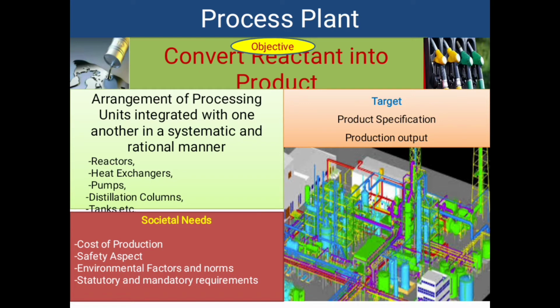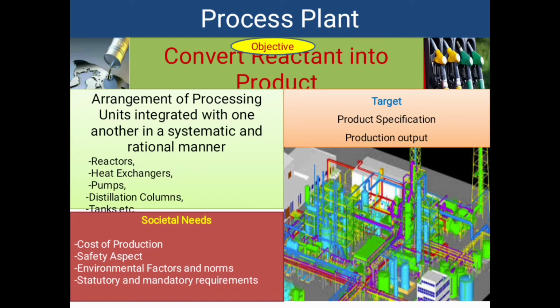It is not only achieving the target that is our motto, our objective. In order to achieve this target, you have to consider some societal needs. That is the primary objective of any engineer. An engineer should be able to apply scientific knowledge in accordance with the societal needs. So, what are societal needs?